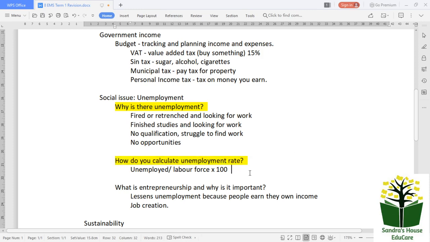So we're looking at the amount of people who are of a working age. So people older than 18, because you're not allowed to work when you're younger. So people who are at the age of 18 or who are finished with school or university who needs to be able to work. So that is called the labor force. How many people can work? Let me add that in brackets.